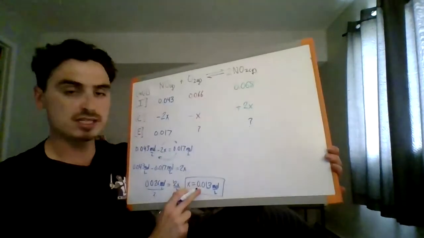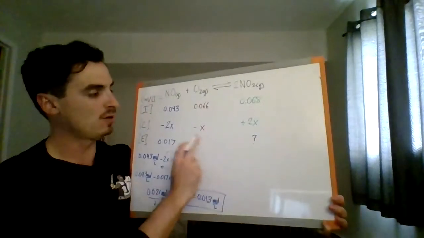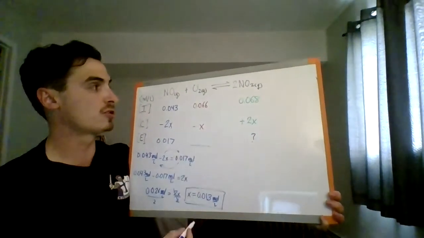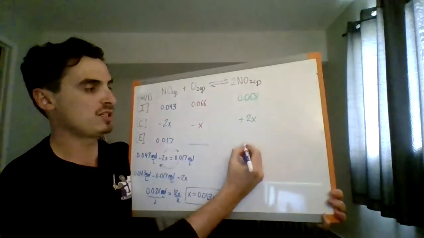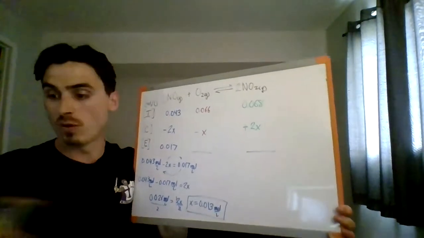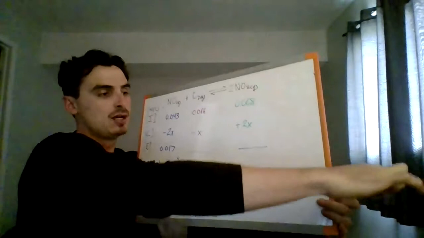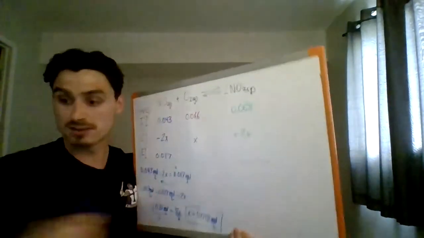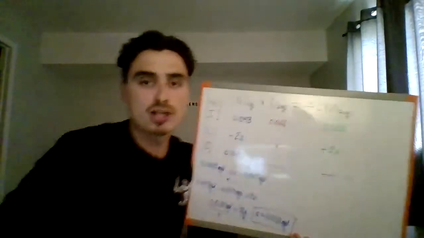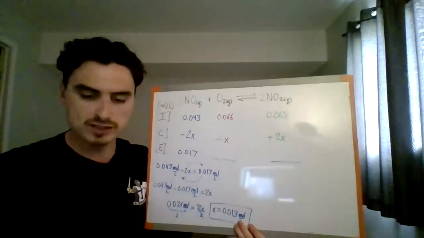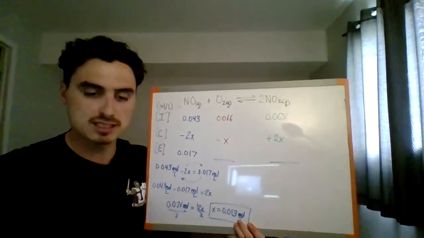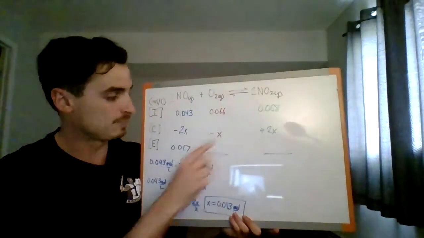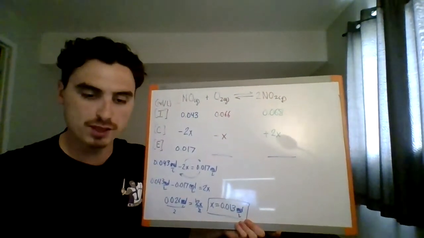Okay. I can now use this information to figure out what the equilibrium concentration is for oxygen and what the equilibrium concentration is for nitrogen dioxide. All I have to do is now sub x into these and work my way down. So if I look at oxygen, oxygen is going to be 0.066 minus 0.013.